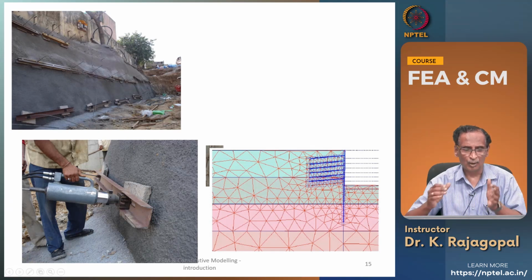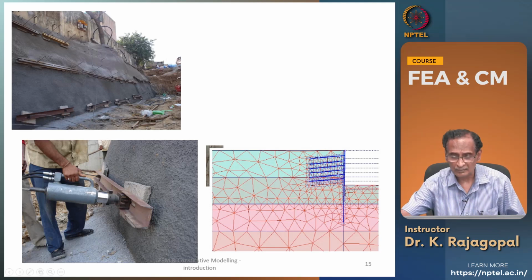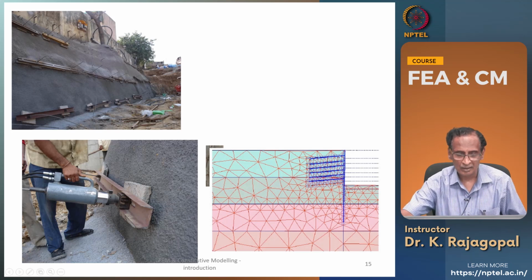And so how do we model this? In finite element analysis it is very simple. You see here you have your slope, either a vertical slope or an inclined slope. Then we have these nails that are installed at different depths, and we gradually excavate the soil, and as we are excavating the soil, we install the nail.